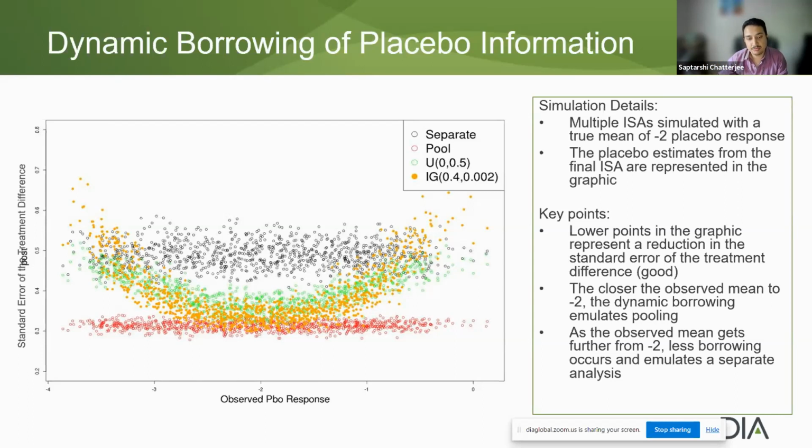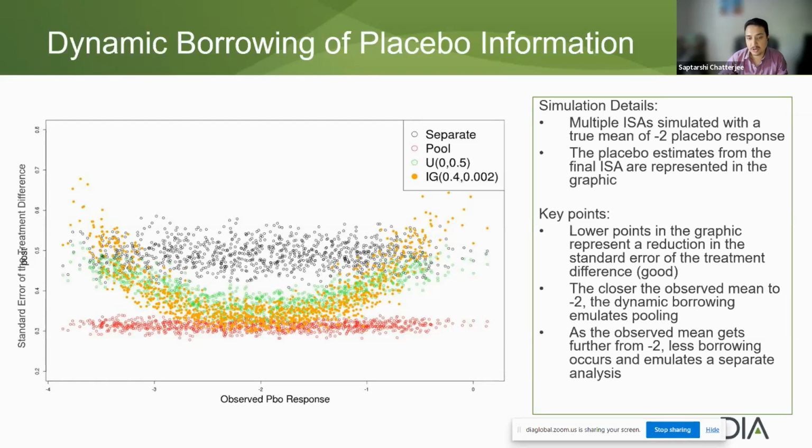What we try to see is how the dynamic borrowing behaves in contrast to the separate and the pooling. The black dots represent where the separate, or no borrowing, standard error falls, and the pooling is concentrated at the bottom.